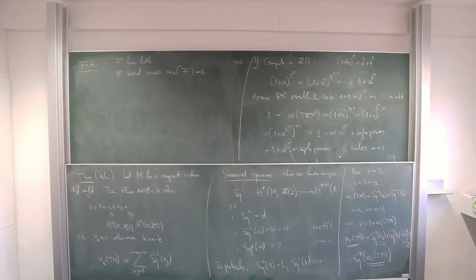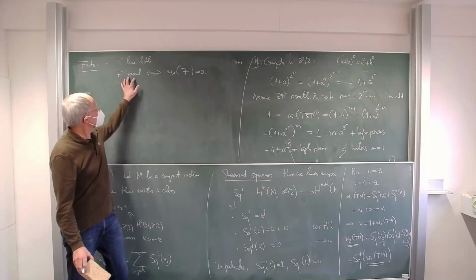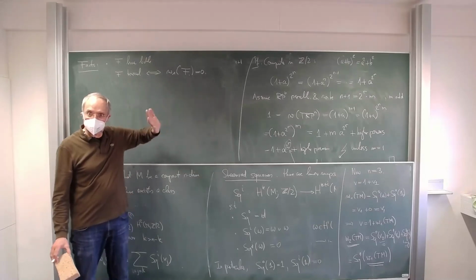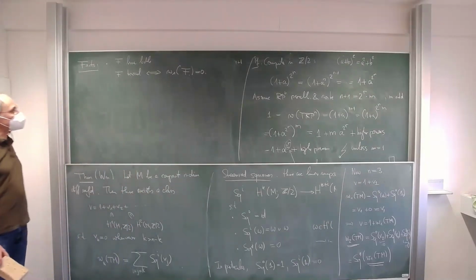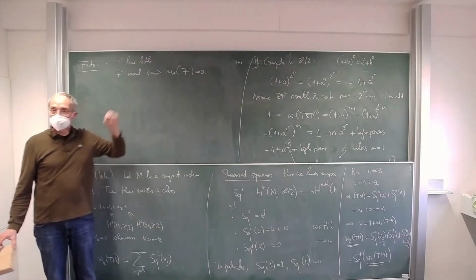And we need to prove that. Certainly one direction is clear, namely if it's trivial, then the Stiefel-Whitney class vanishes. We know that. The question is, why does the opposite direction also hold?